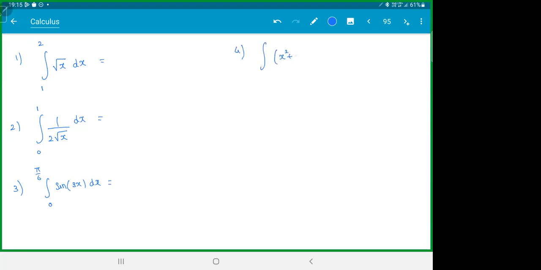Integral of (x square plus 1) whole square dx. Integral of e power minus 2x dx from 0 to 1. Integral of sine square x dx from 0 to pi by 2. Integral of cos square x dx from 0 to pi by 2. Get them all.